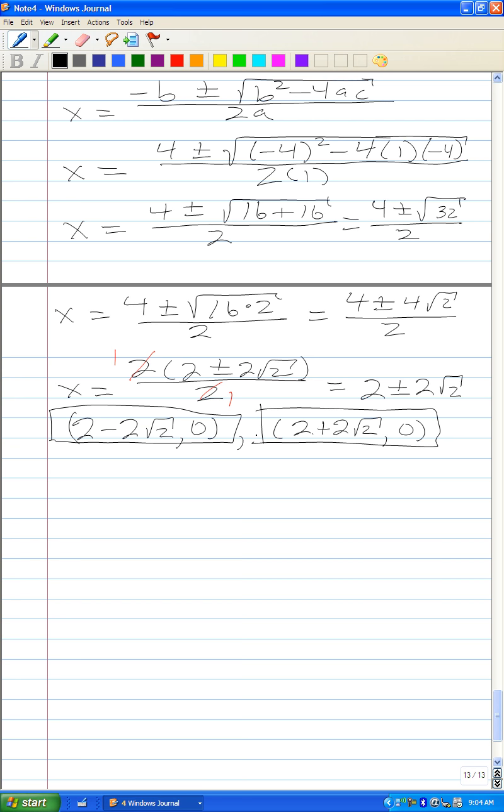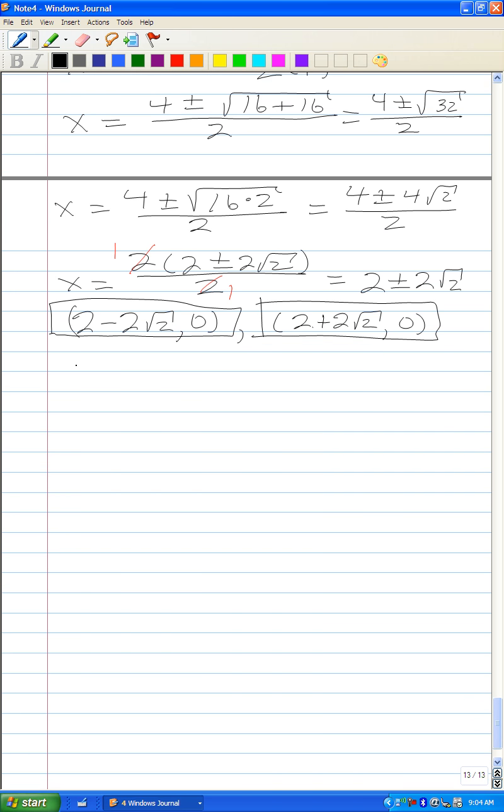Let's find my y-intercept. To find the y-intercept, you just replace x by 0 and solve for y.